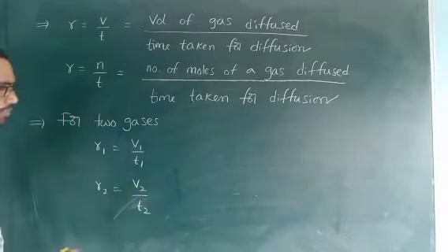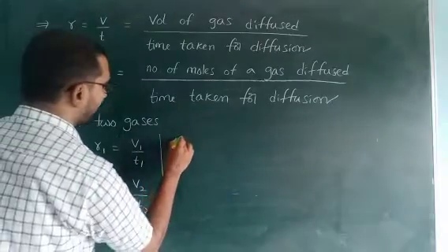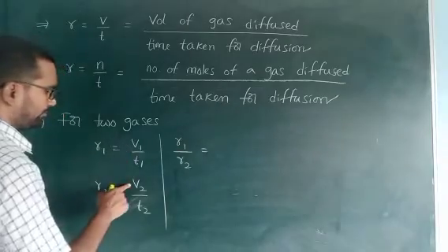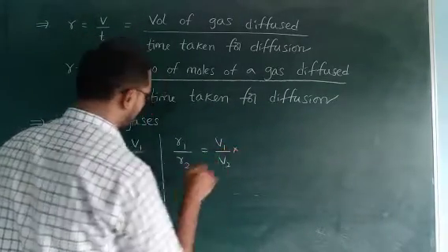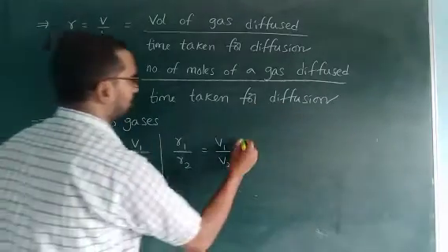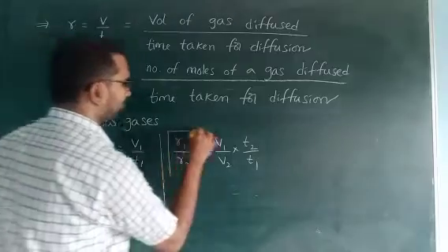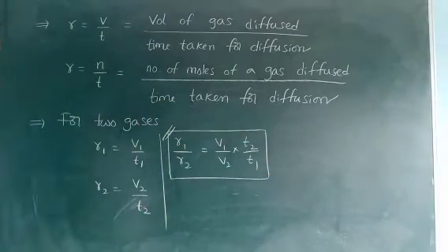Now do R1 by R2. R1 by R2 is equal to the two numerators, V1 by V2, and these two are reversed, T2 by T1. So V1 by V2 into T2 by T1. This is one of our important formulas.